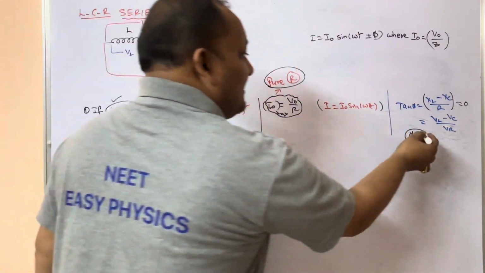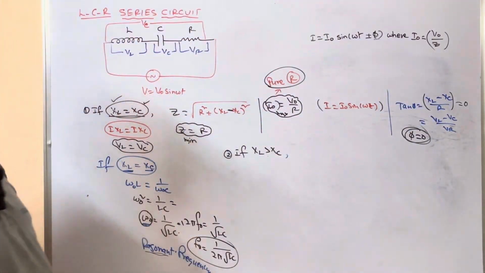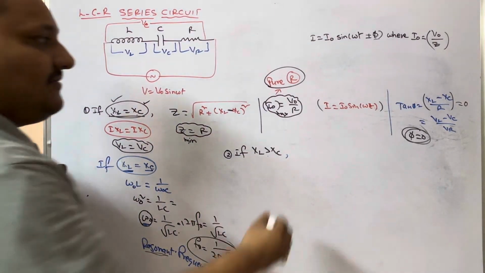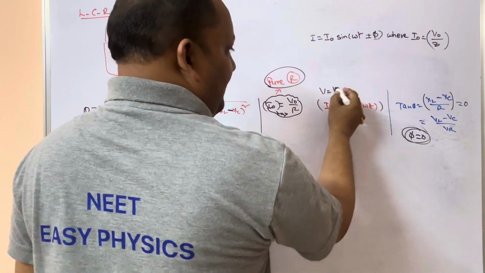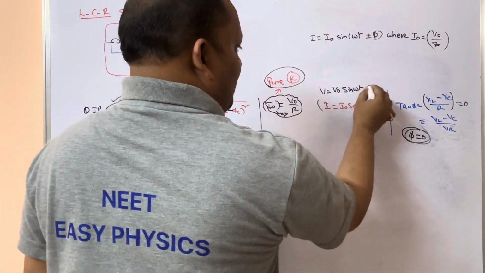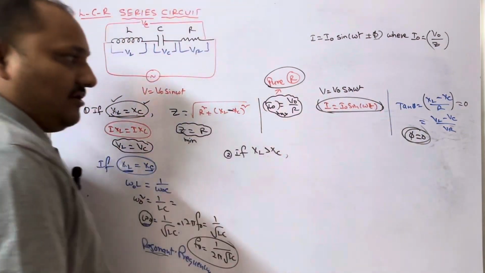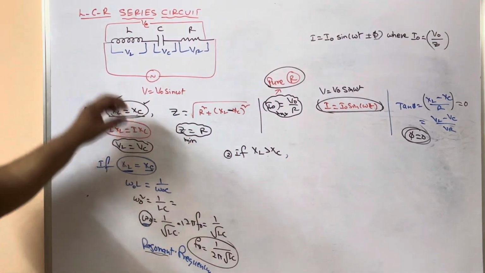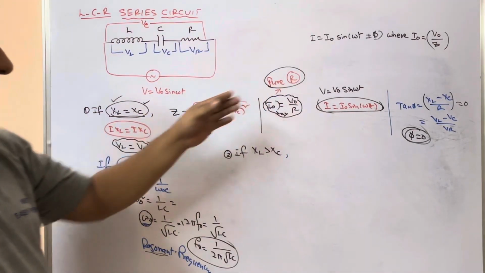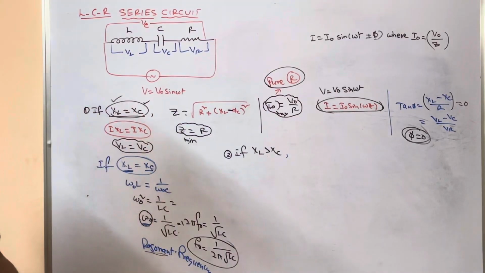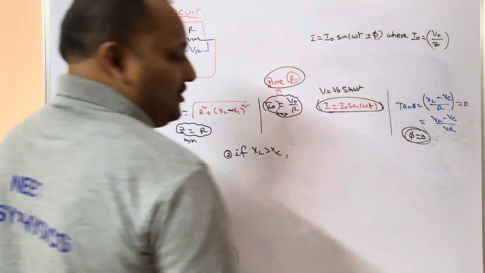In a pure resistor, there is no phase difference between current and voltage. Therefore, if the AC source voltage is V naught sin omega t, the current is also I naught sin omega t. The LCR circuit acts as a pure resistor circuit at XL equal to XC, and phase is 0.